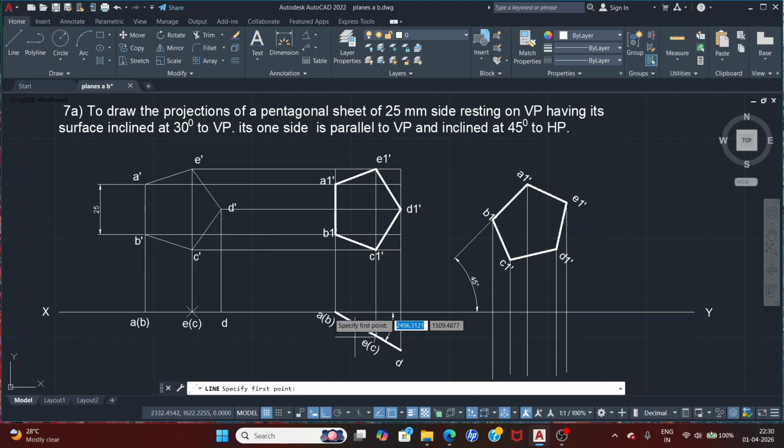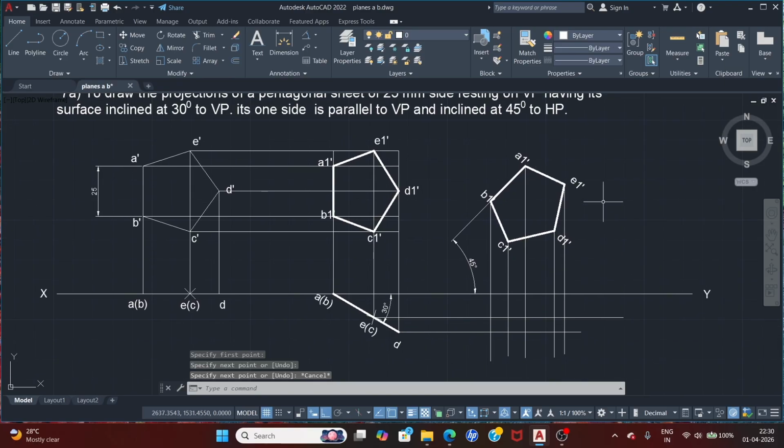And now draw the projections with respect to these 5 points like this. A, B, projection line completed, E, C completed, and D. So now the same process, we have to use the fifth case and third case drawing, and then identify the required points.